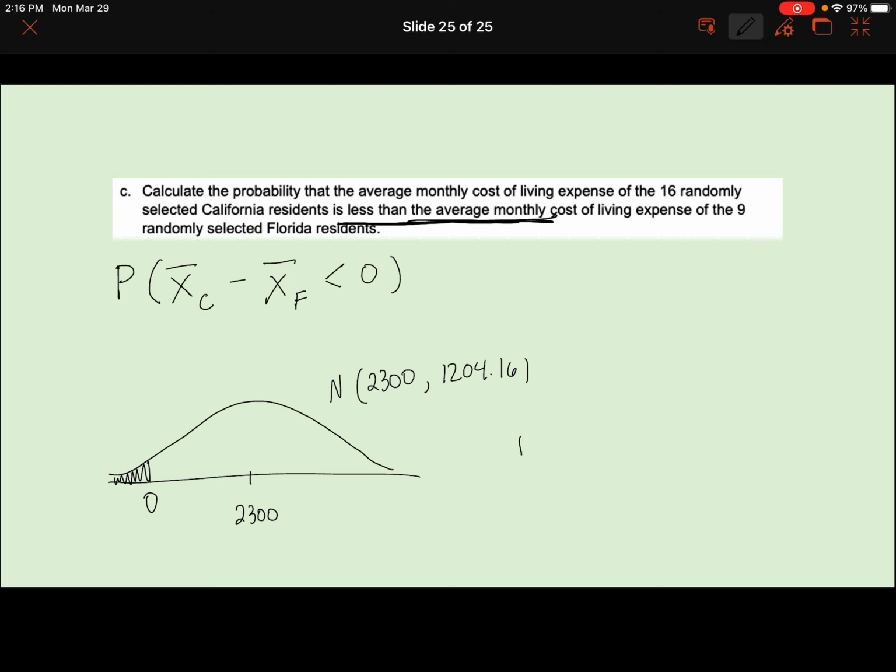Okay, so normal CDF. My lower bound is going to be a negative huge number. My upper bound is 0. My mean and standard deviation, we have those. All right, so I'm going to type all that stuff in and see what we get.